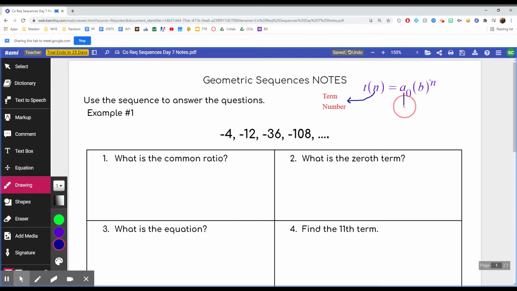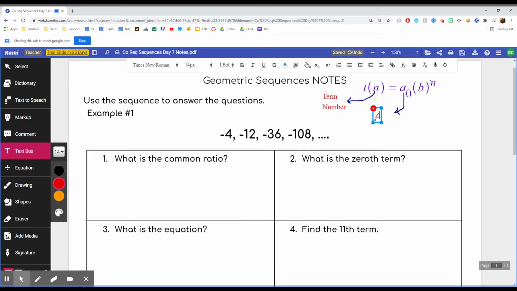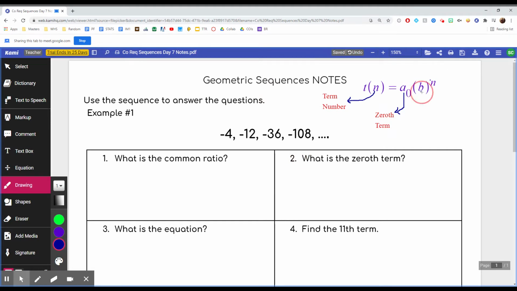And A sub 0, just like before as well, still represents the 0 term. Okay, the 0th term. And the last part on here is the B, which represents the common ratio.